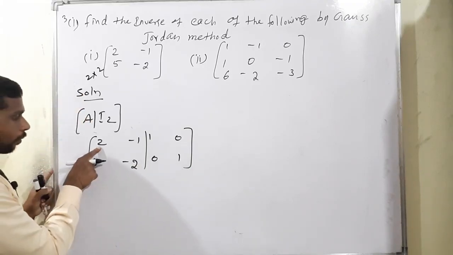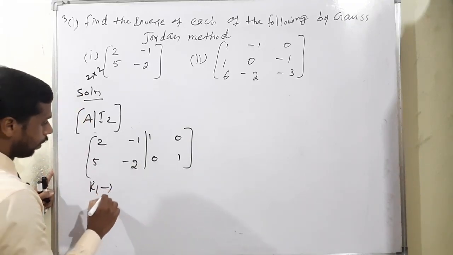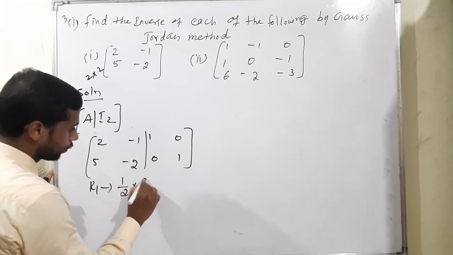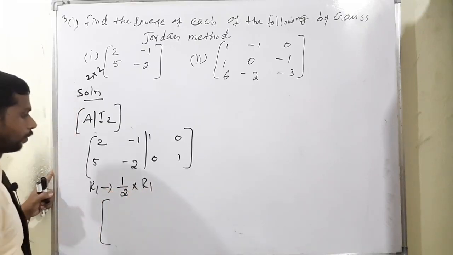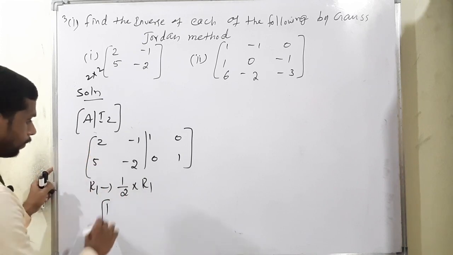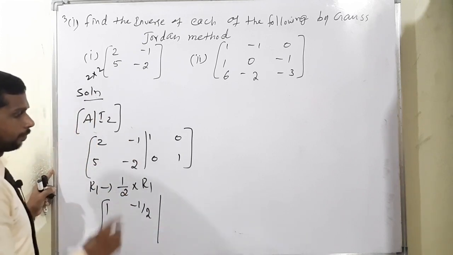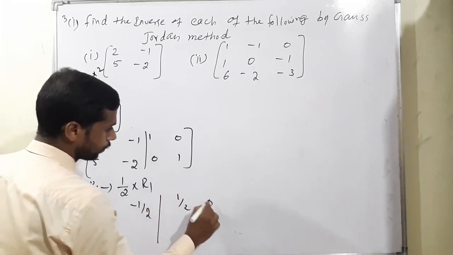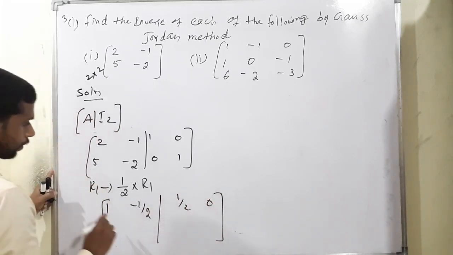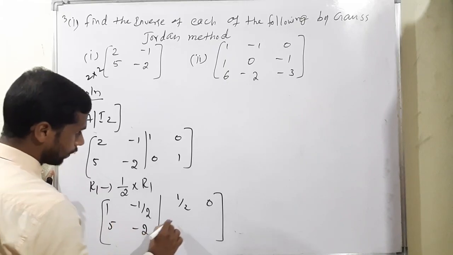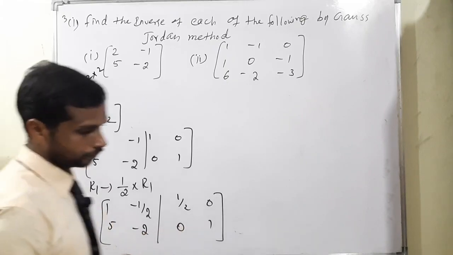First we have to make it 1. What we have to do? R1 becomes 1 by 2 into R1. So 2 by 2 value will be 1, then minus 1 by 2. Next condition, 1 by 2, 0. R2 as it is. What is the R2 value? 5, minus 2, 0 and 1.